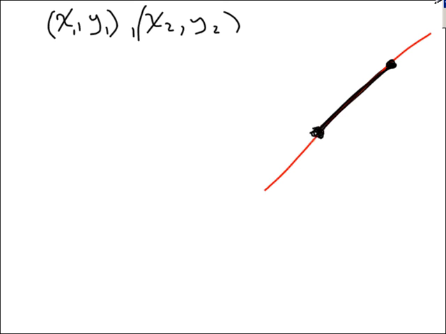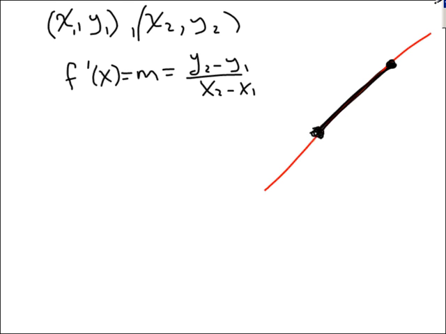Right. Now, we know that when it comes to a straight line, the derivative is the slope. And the slope of our line is y2 minus y1 over x2 minus x1.